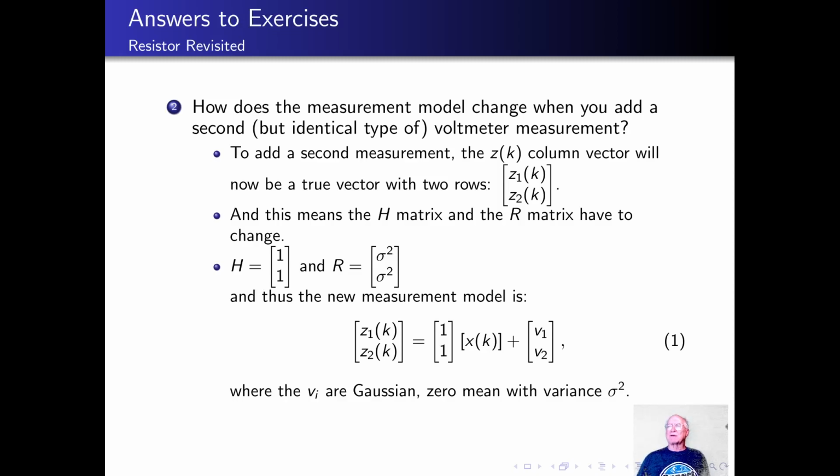Because when you multiply it times the state vector x, which is a scalar, you'll get the measurement of each voltmeter. And the model includes some measurement noise, V1, V2, which is Gaussian zero mean with variance of sigma squared. And R is also a matrix that has identical values sigma squared in both entries because the voltmeters are identical.